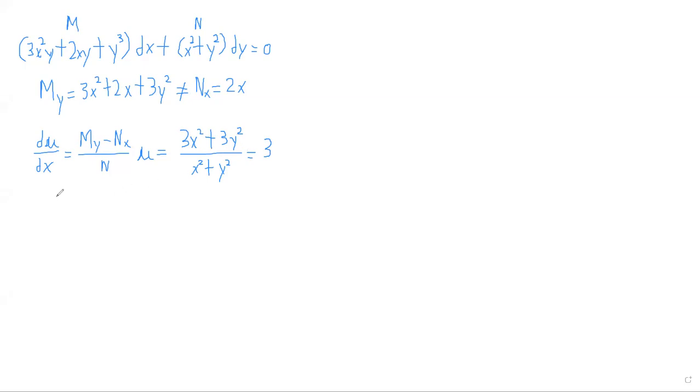So d mu dx is 3 mu. Sorry, I missed the mu here. So d mu over dx is 3 mu.